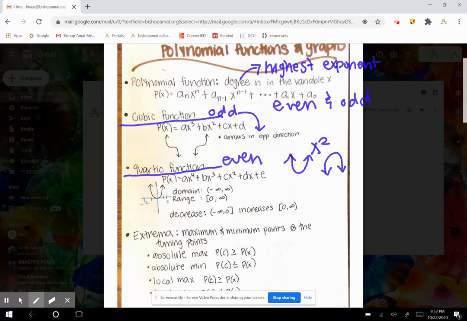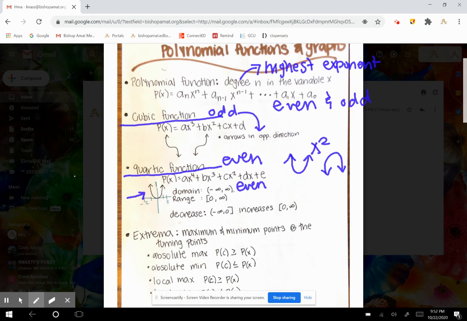Okay, let's look at an example. If this was my graph, the arrows are going in the same direction, so I know it's even. If I asked you to state the domain, the domain for all even graphs is negative infinity to positive infinity. Remember, you move from your left to your right.